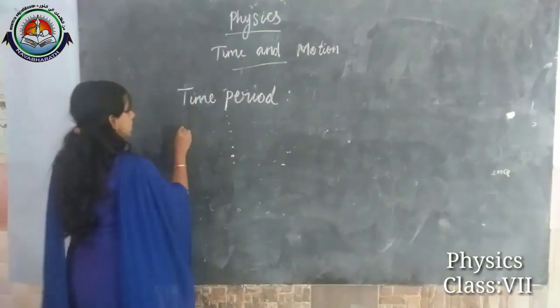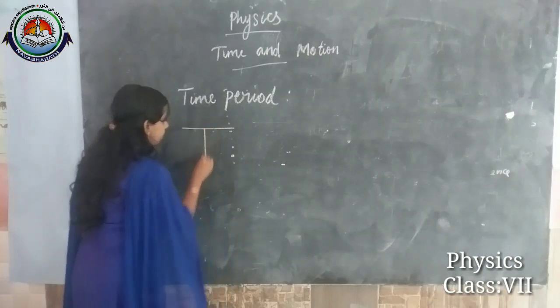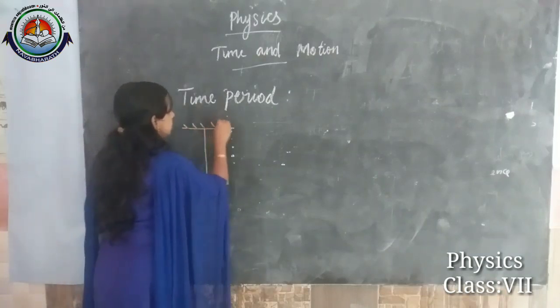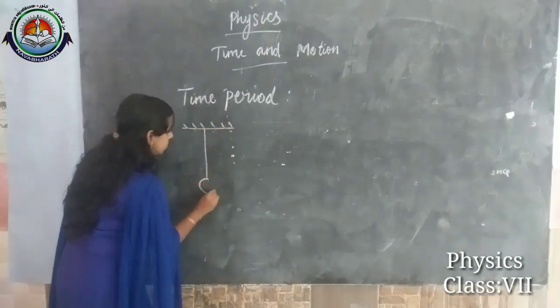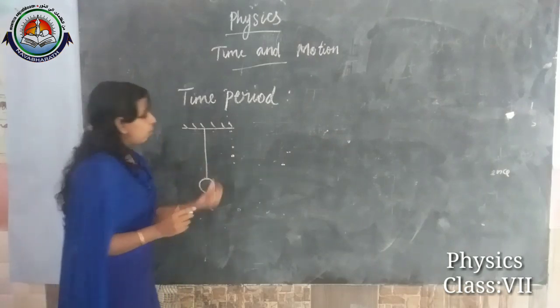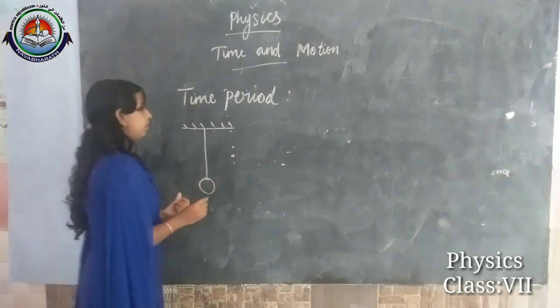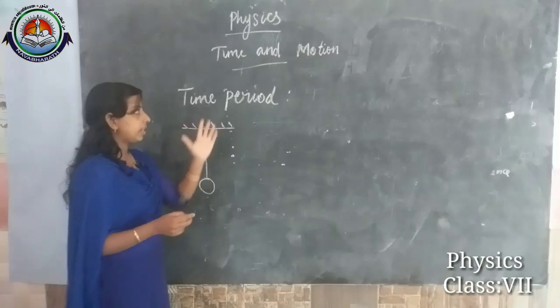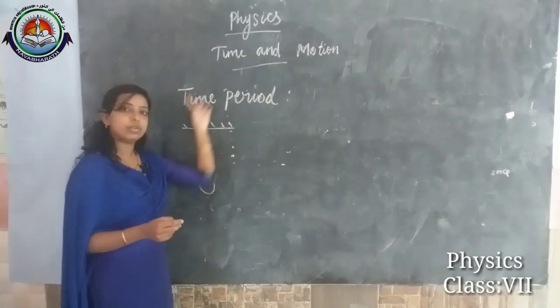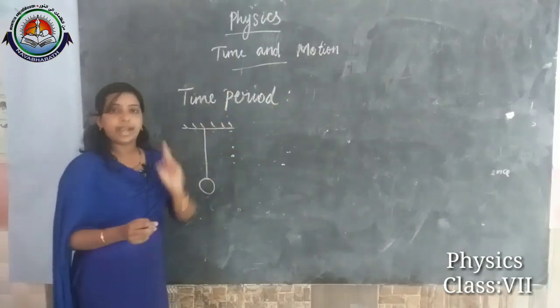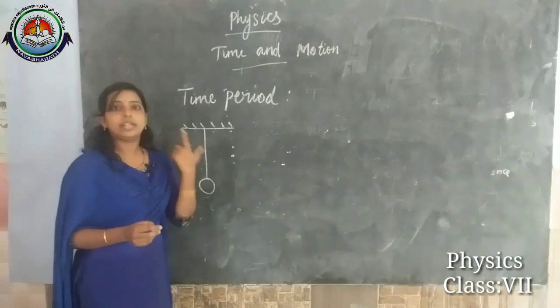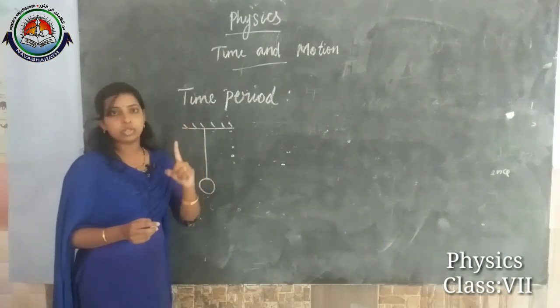We already know that a simple pendulum contains a string and a bob. While the simple pendulum moves, what are the factors? We are only considering the time period of a pendulum, which we know is the time taken for one oscillation.